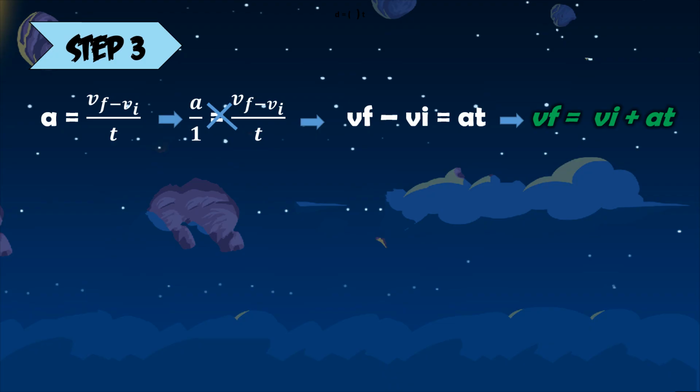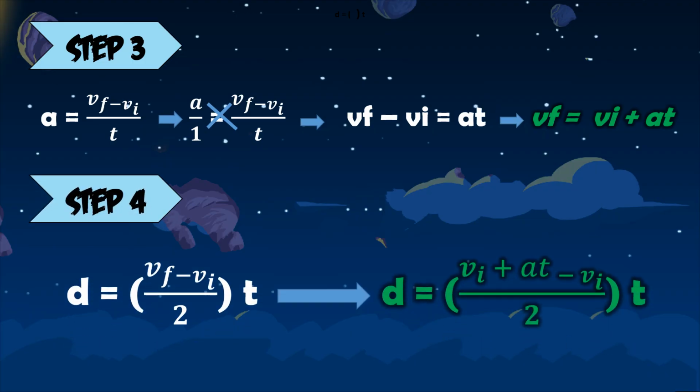From the equation, if the final velocity is not given, how are we going to get the formula for that? First, we need to arrange the second formula in acceleration to get the formula for final velocity. Let's have cross multiplication.